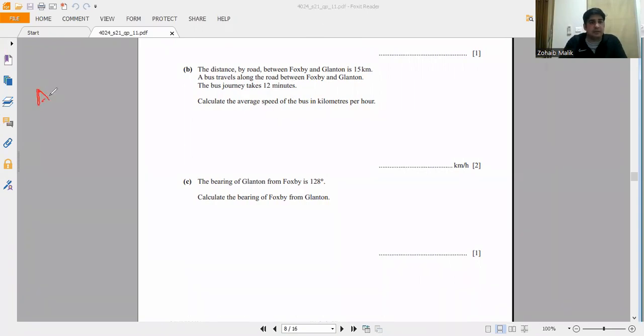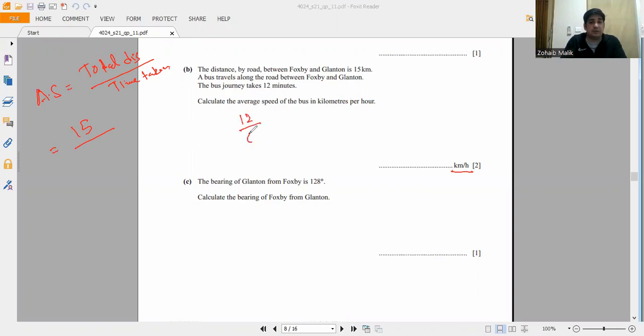We know that the average speed is equal to total distance over time taken. The total distance is given as 15 and the time is given as 12 minutes. But because we have to give the answer in kilometers per hour, we need to change 12 minutes into hours first.